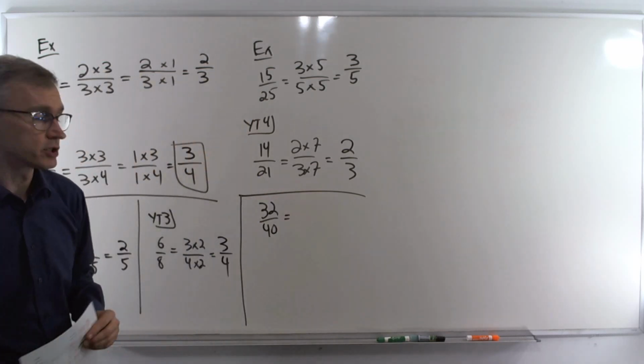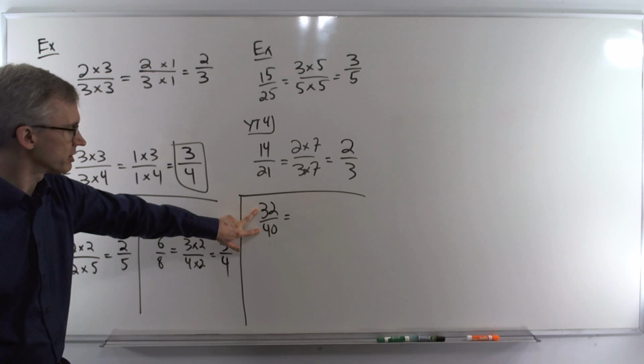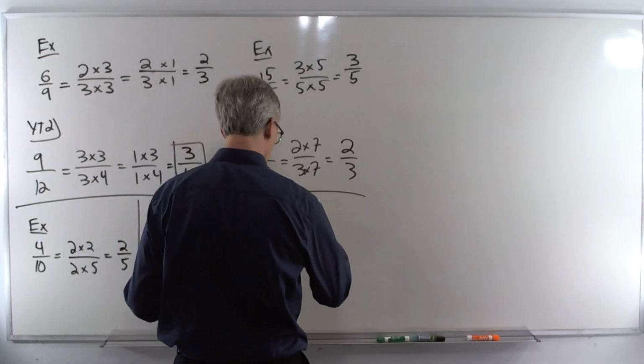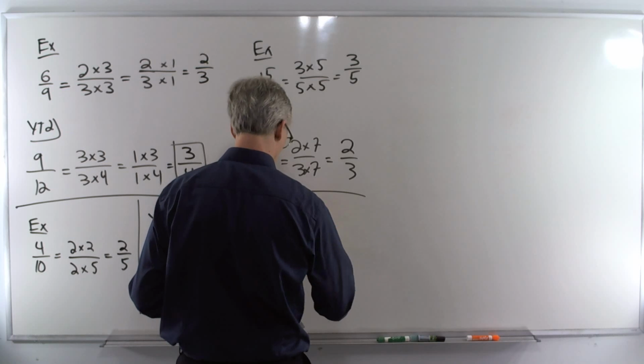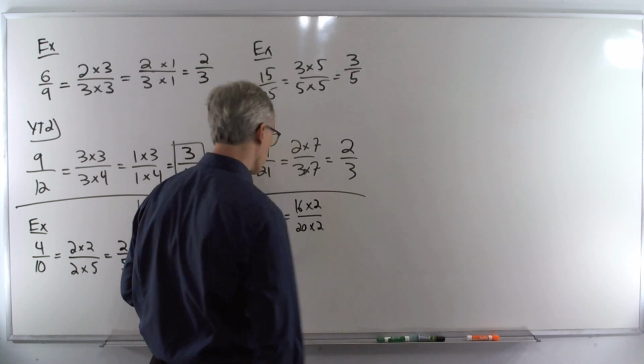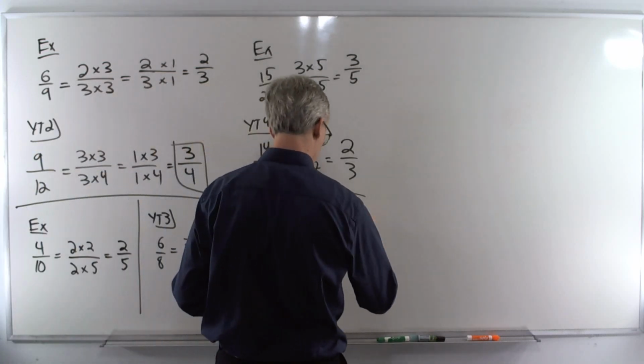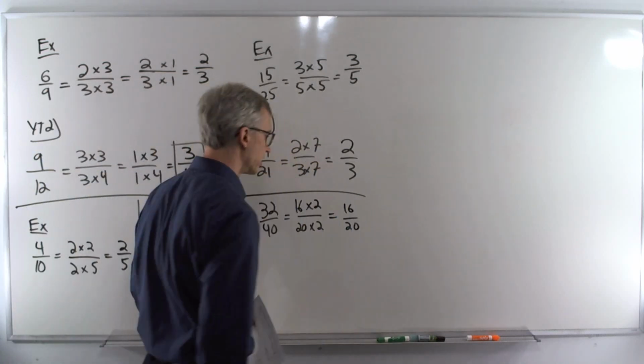Something like this can be done in 2 steps if you recognize that both these numbers are even, so you know you can factor out a 2, like that. 2's cancel, and we get 16 over 20.